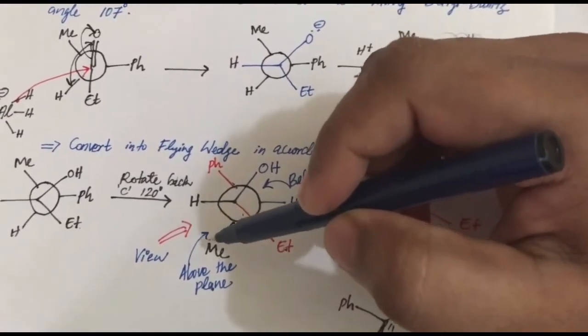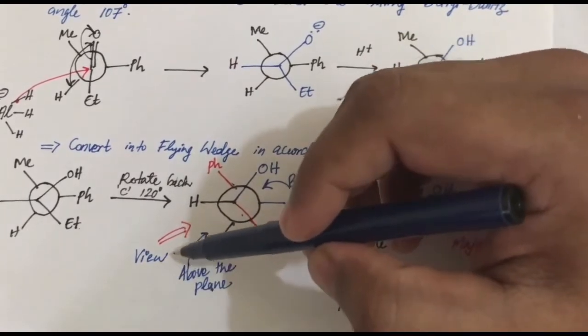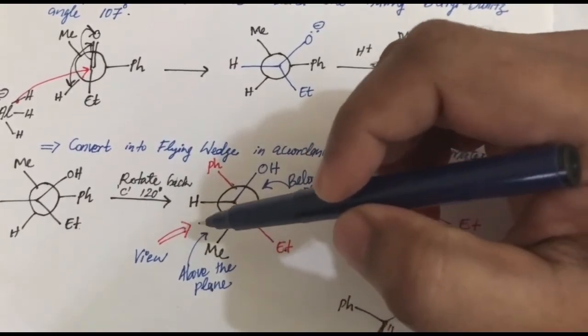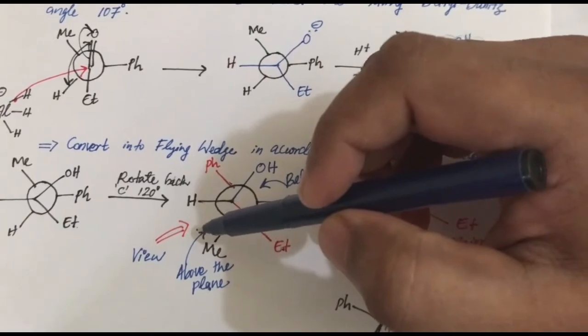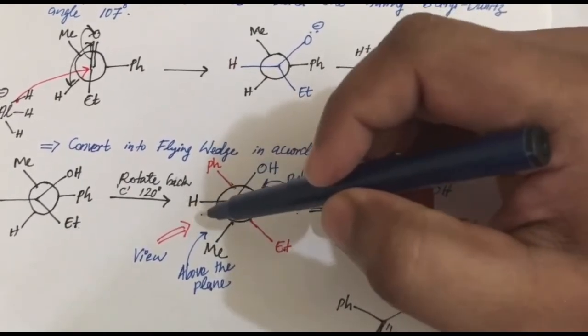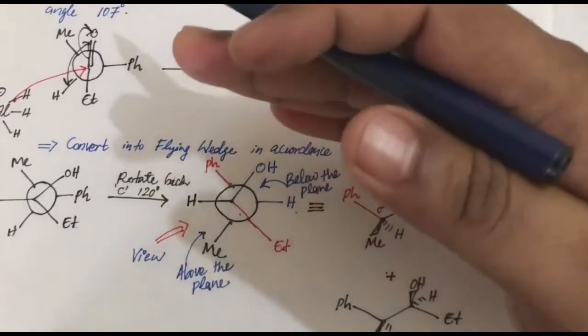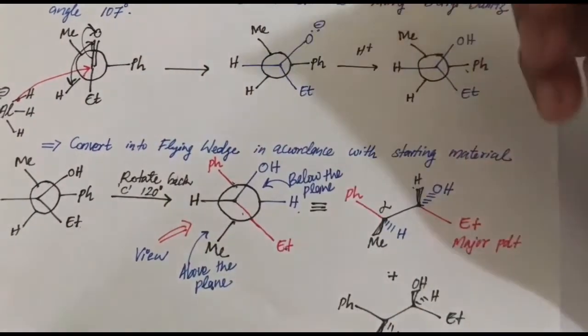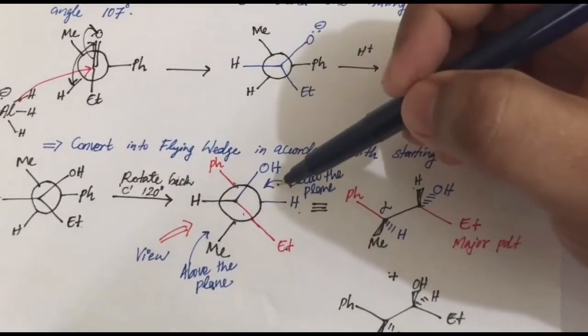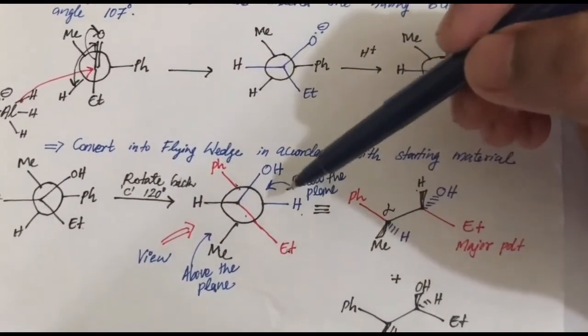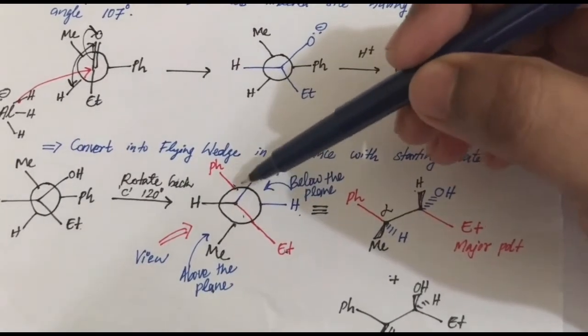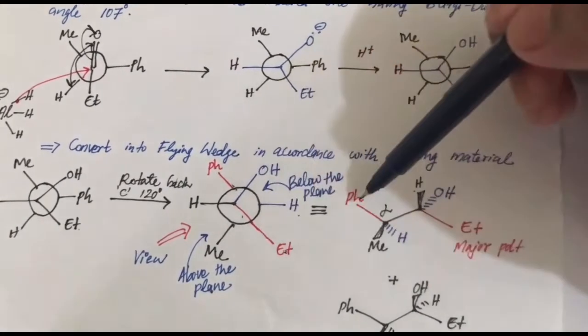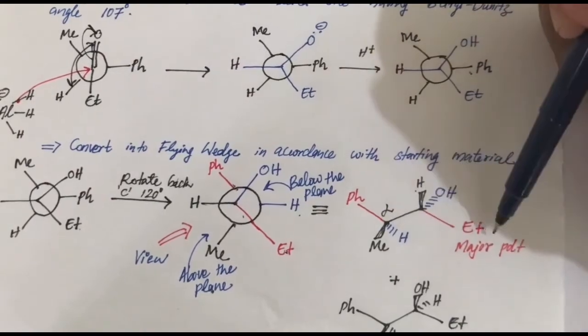When we observe from that side, the groups present at that position come as wedge. I repeat, from where we are observing, the group present on that side should be retained in wedge, and the group present on the other side should be retained in dash. Okay, ready. So for clarity, I wrote Ph and Et in red.